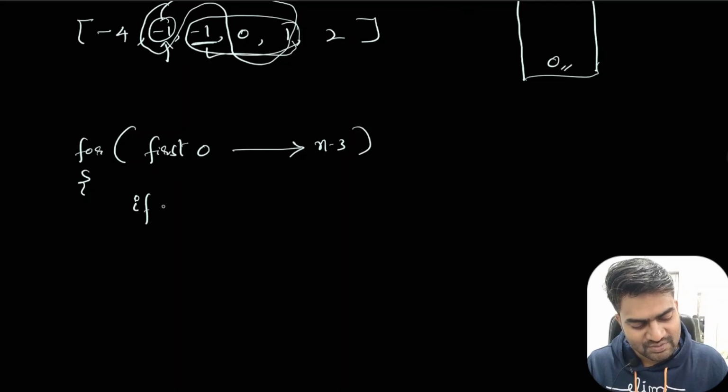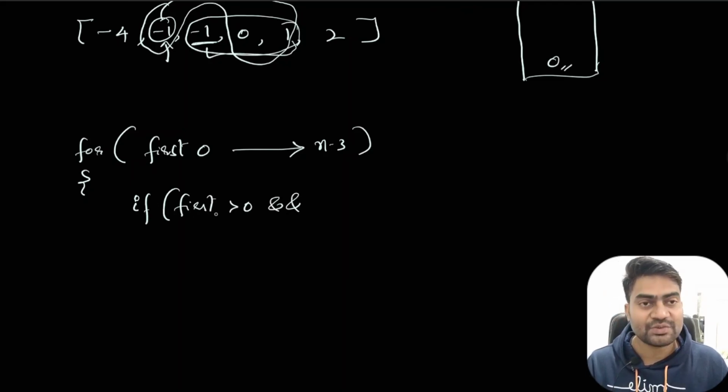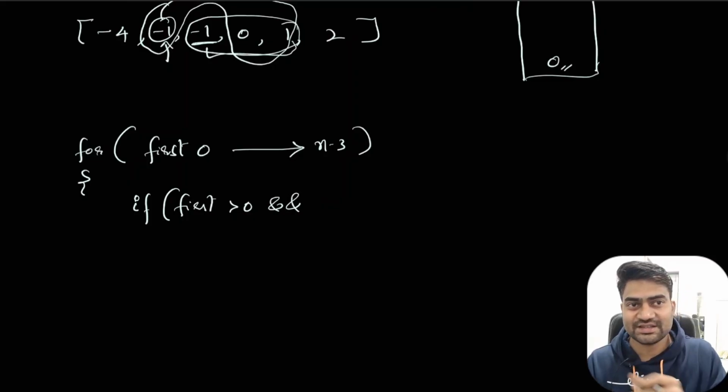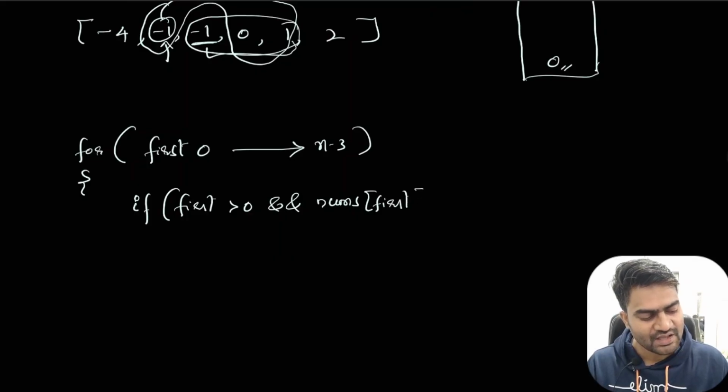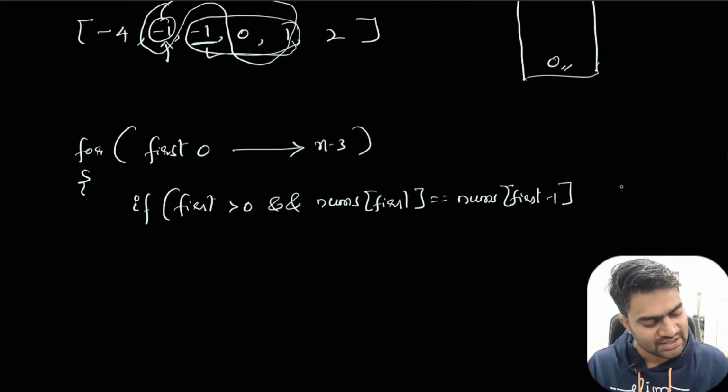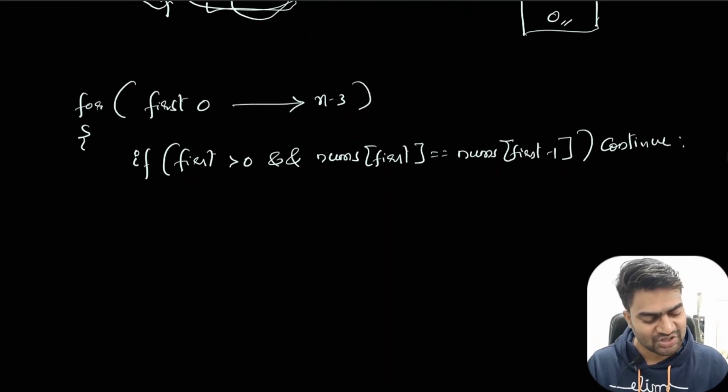So if first is greater than 0, because it should be greater than 0 to compare with the previous number, and nums of first is equivalent to nums of first minus 1, meaning it is the same as the previous number, then I will simply continue. This is how we skip the duplicates.